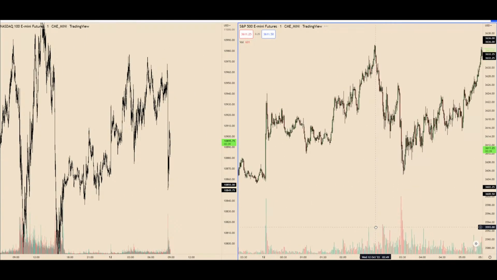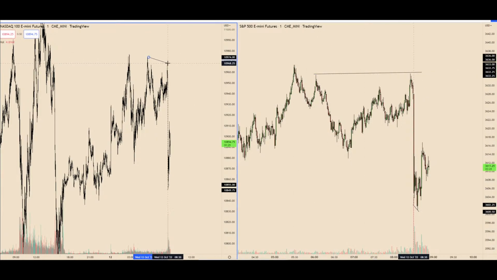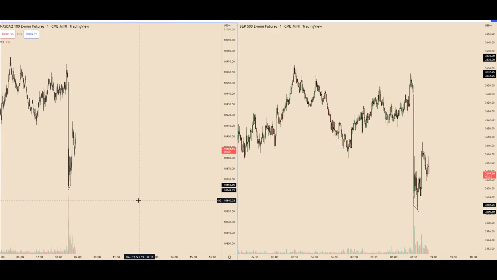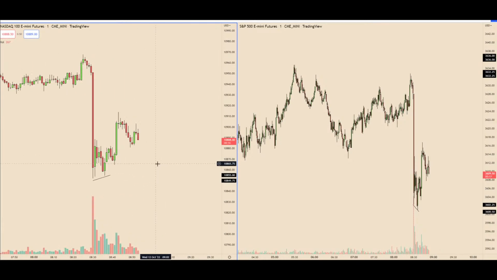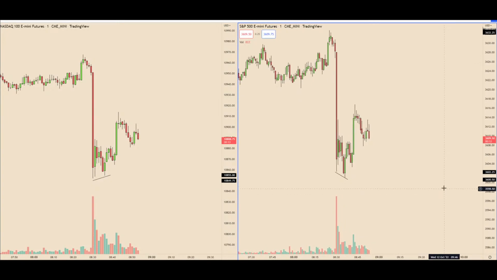Let's see. There was a slight one, but it's internal, right? This high. This is internal range though. I prefer it to be external range. So we can take a look at it throughout the day. ES is a little bit weaker though.